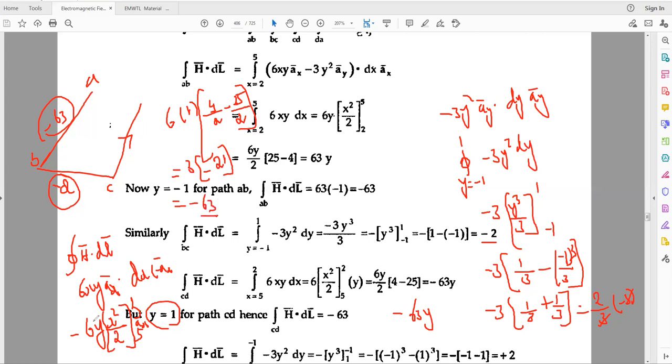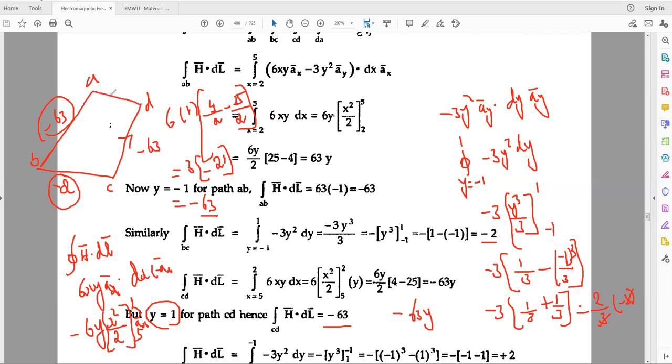That's the value of minus 63 when we substitute y is equal to 1. Got it, my students? Then C to D is completed, and it is minus 63.